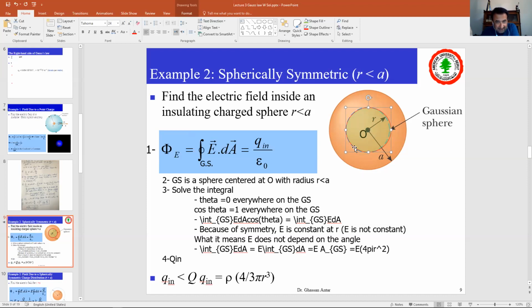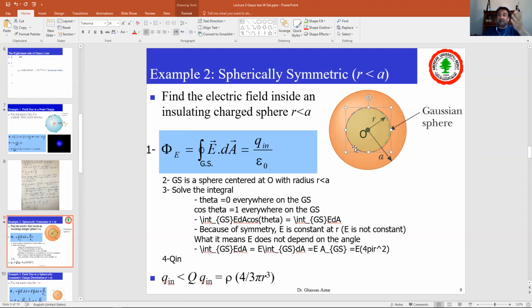That's because, as it says, it's inside the Gaussian surface. So definitely it is not the total charge, but it is a partial part of the charge. And remember, when I was in chapter 1, I told you when you want to know the partial charge for a partial volume, you use the charge densities.